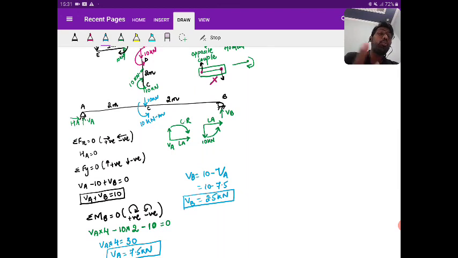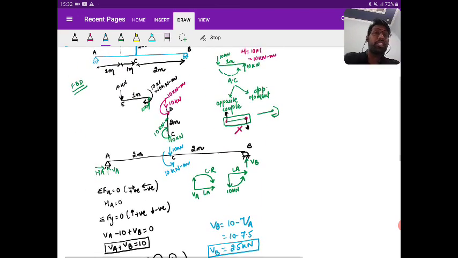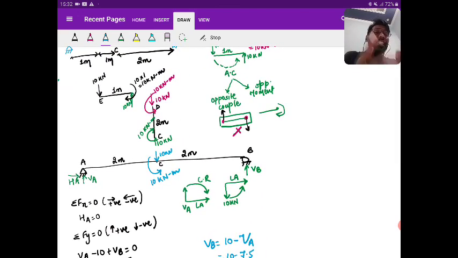See, calculation is just some process I'm following. But if I go for the FBD, which I have seen earlier, then that is actually the thing that we are learning. Is it clear? That is actually the thing that we are learning, which we mug up. So don't try to mug up anything.